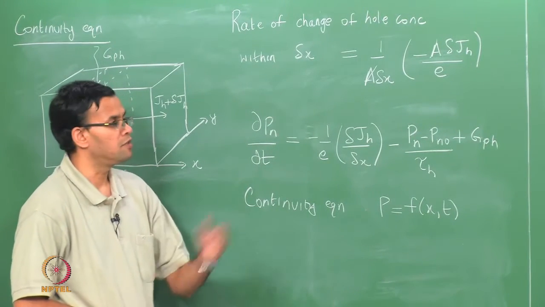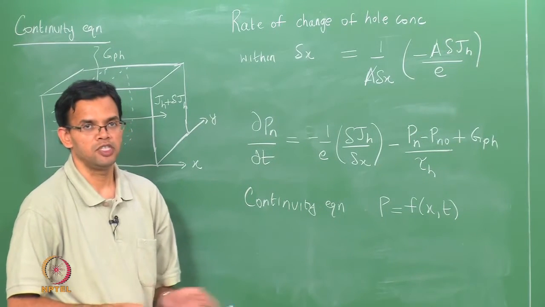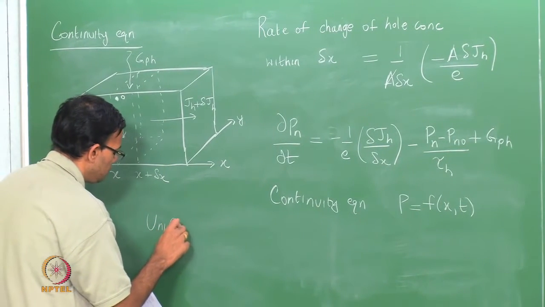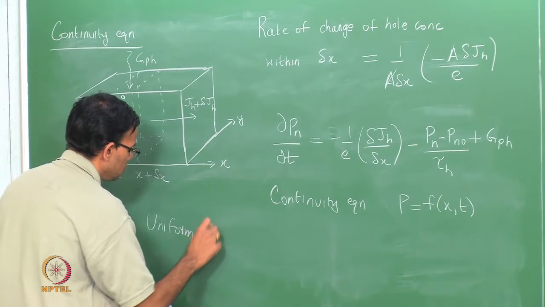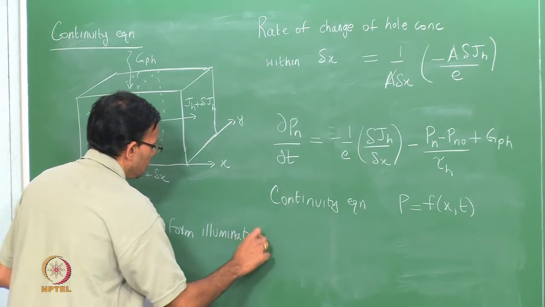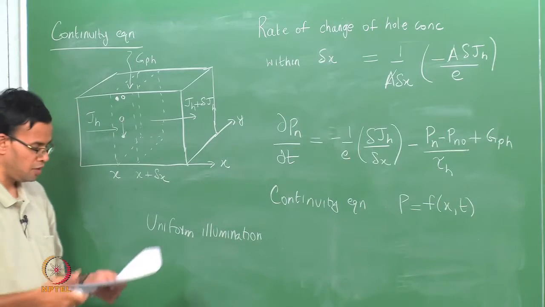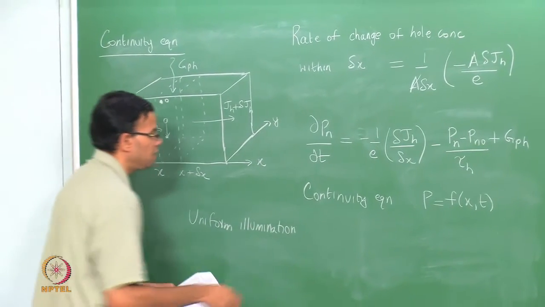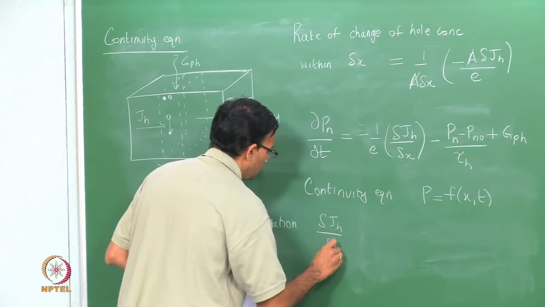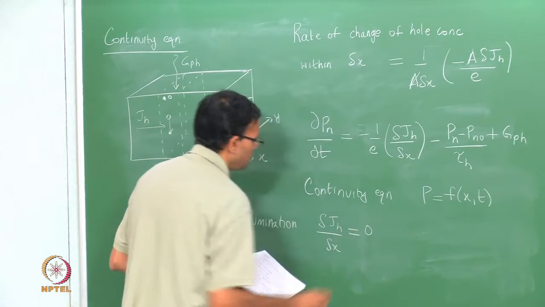When we think of, say, uniform illumination, which we just saw before, in that particular case there is no flux within the material. So, dJh over dx is 0.